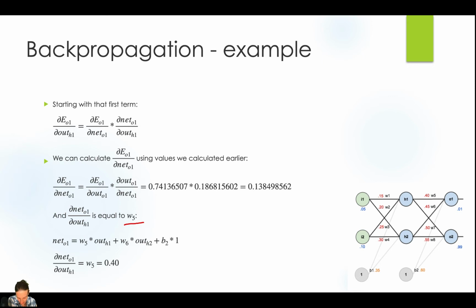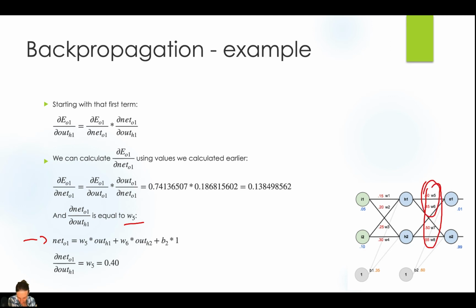Why is that? So our network output can be written in this equation. Again, it's just a linear combination of these weights only.